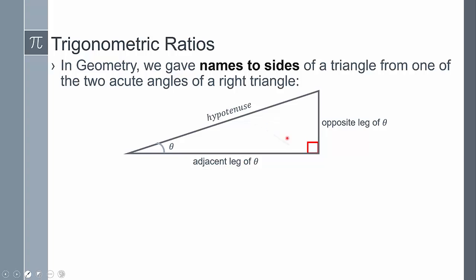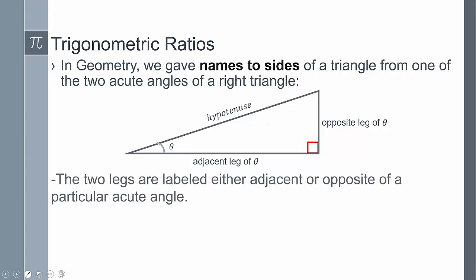And then the hypotenuse is always going to be opposite of that 90 degrees. So we name those two legs either adjacent or opposite based upon the reference of that angle. So that's the important piece there, is that from the angle, we can label our opposite, adjacent, or hypotenuse.